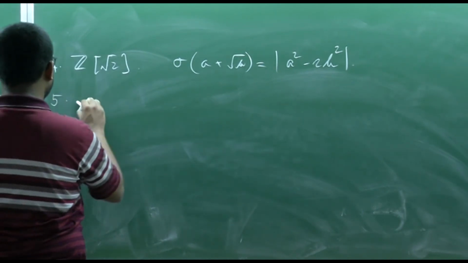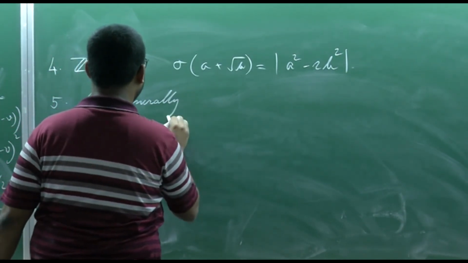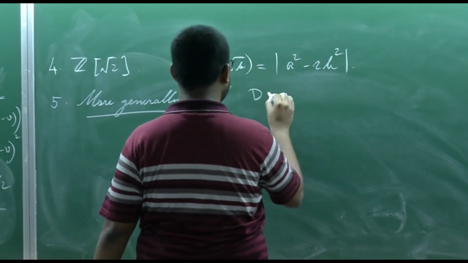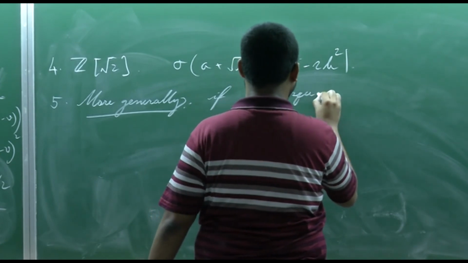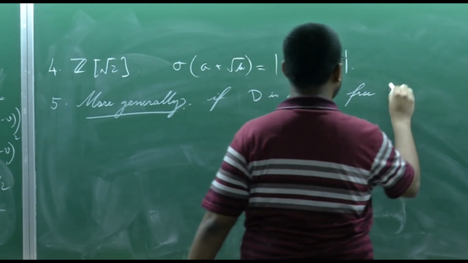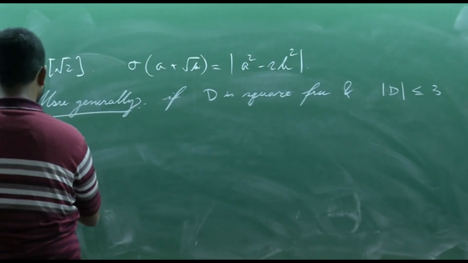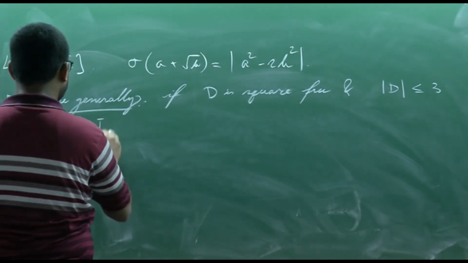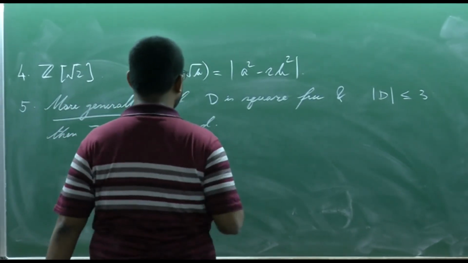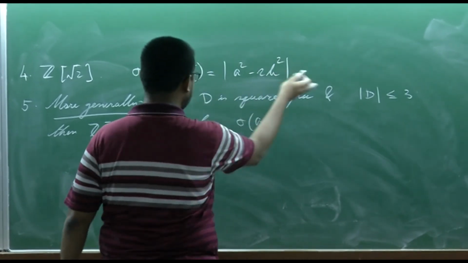Even more generally, if D is square free, then Z root D is a Euclidean domain, okay, where of course sigma will be exactly like this.